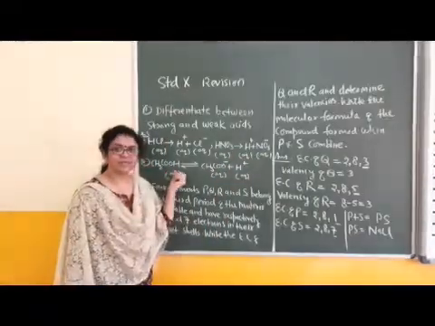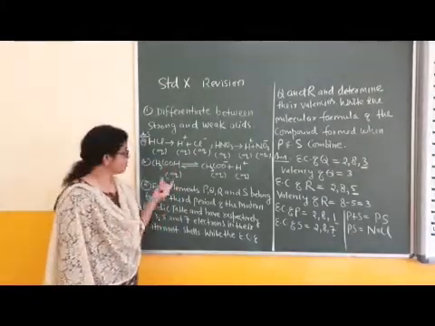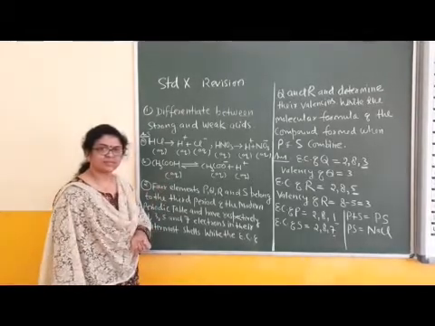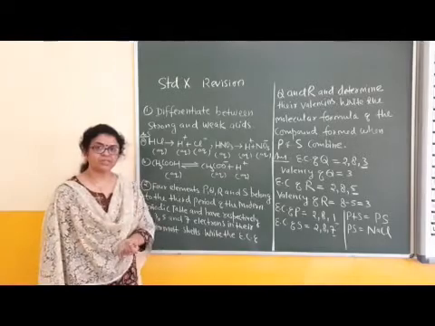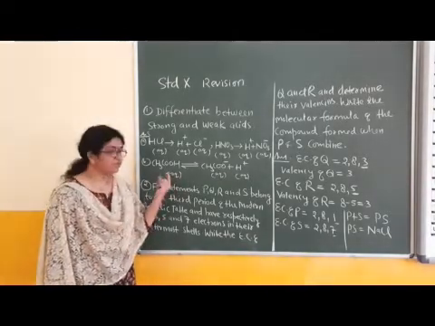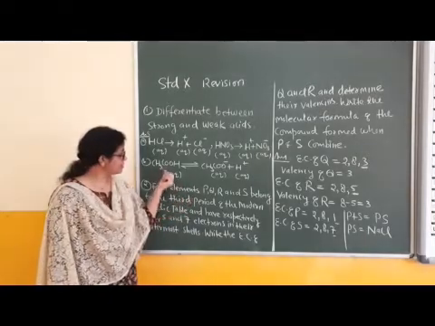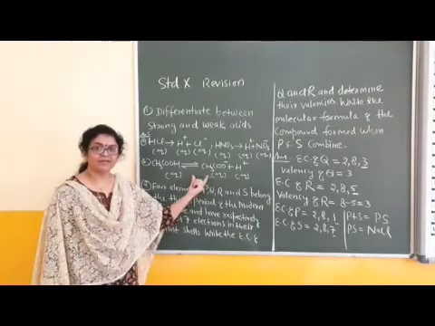Weak acid: COOH is the carboxylic group. This is acetic acid, and its common name is vinegar. The aqueous solution of acetic acid is known as vinegar. Vinegar is a weak acid. Acetic acid in aqueous medium undergoes partial dissociation.